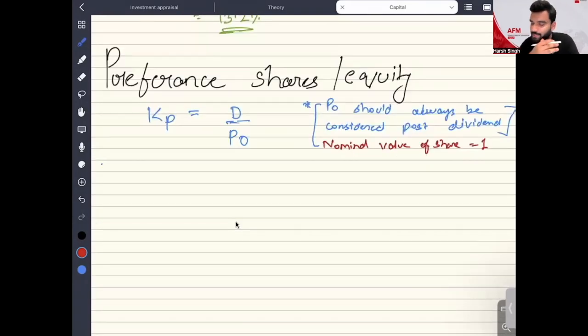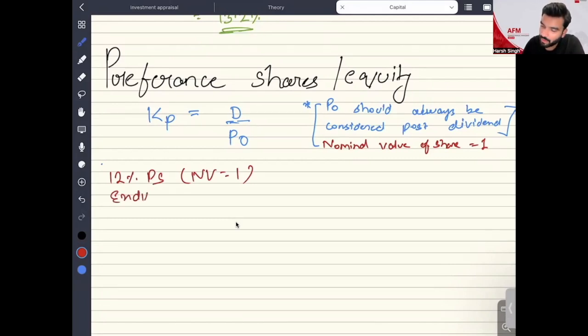Okay, so basically there's a question which is given. A company with 12% preference shares, where nominal value is given as 1 and X dividend market value is given as 1.15.